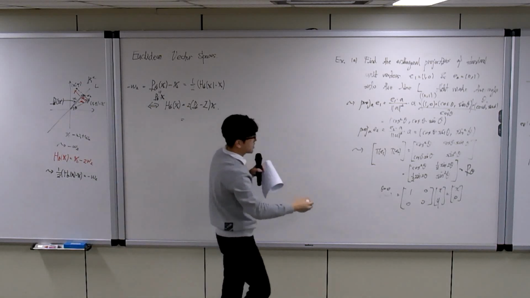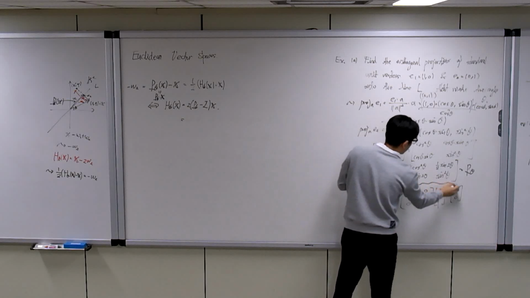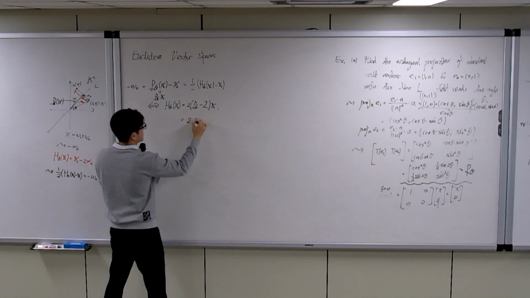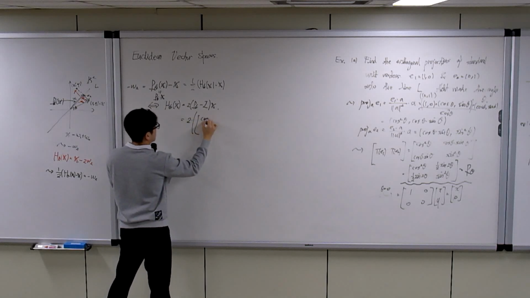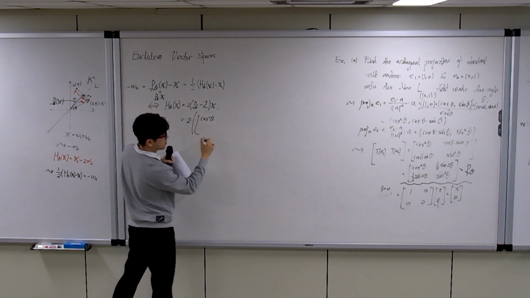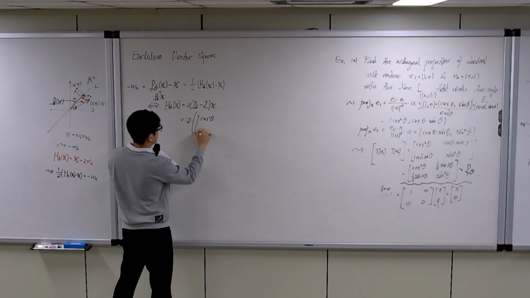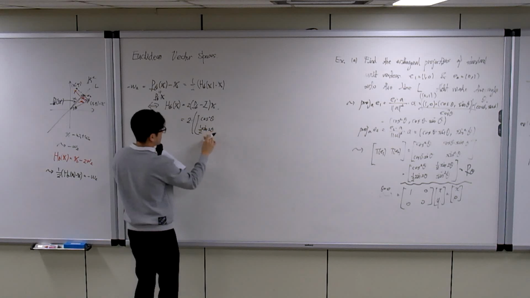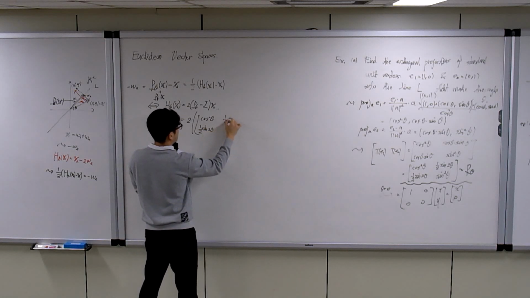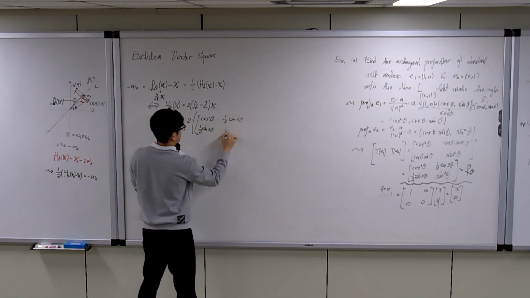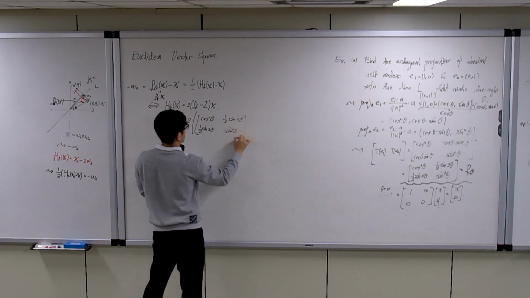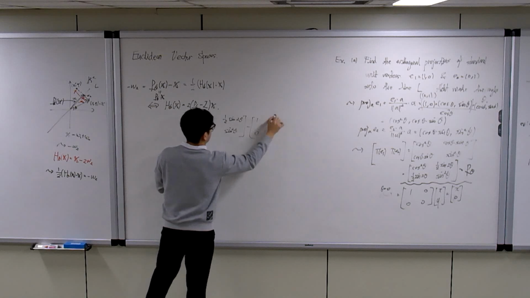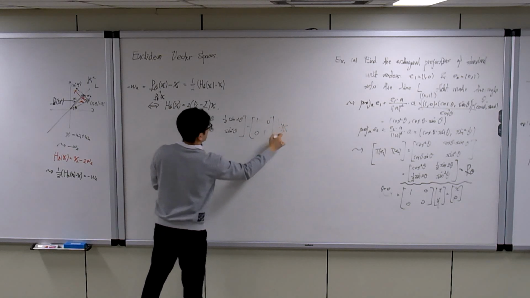We already calculated the matrix P sub theta, and it is cosine square, 1/2 sine 2 theta, 1/2 sine 2 theta, sine square, minus the identity matrix, multiplying vector x.